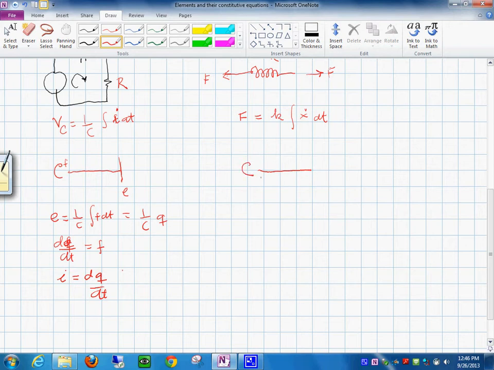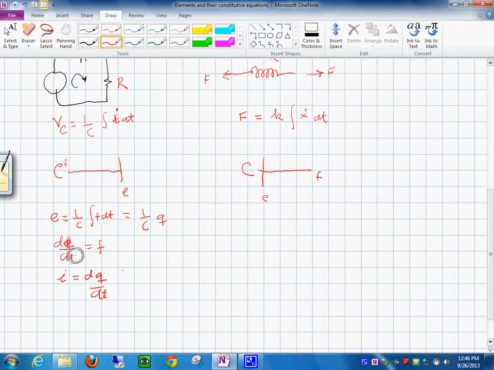This is C, and instead we have this. What is F equal to? Is it d something over dt?